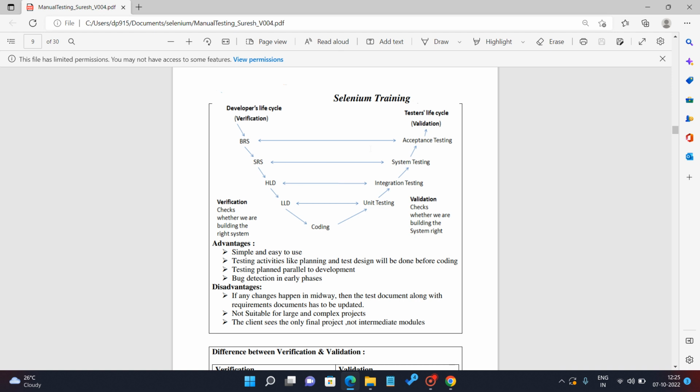Another drawback is that the client needs to wait more time to see the project, and human errors are common in this phase. That's the reason the client needs to wait more time to see the project.